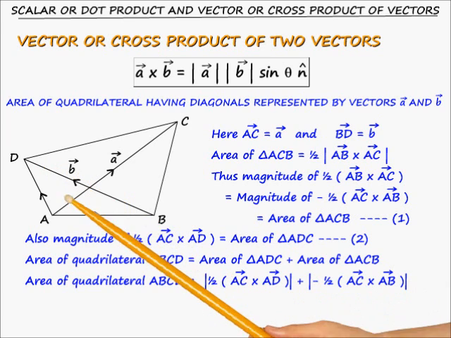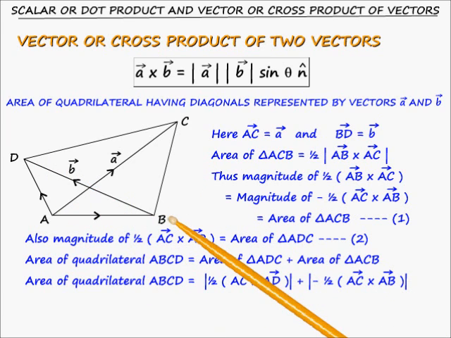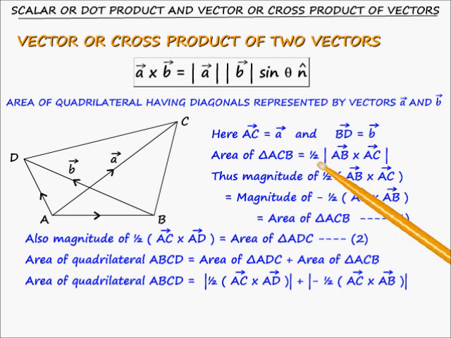Area of triangle ACB is equal to half magnitude of vector AB cross AC. Thus magnitude of this vector is equal to area of triangle ACB, which implies that magnitude of this vector is also equal to area of triangle ACB using the anticommutative property of cross product.